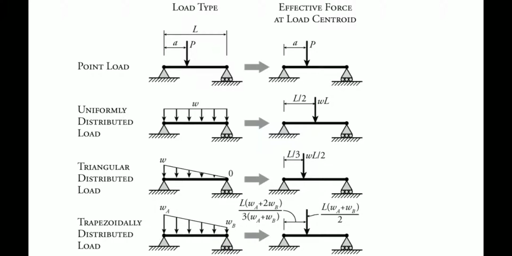So here also the effective point load is L into (WA plus WB) by 2. Then the distance from the maximum end is given by a formula involving L by 3. We have to use this formula to find the distance from the maximum end. That's all. Now with this we've studied about types of loading.